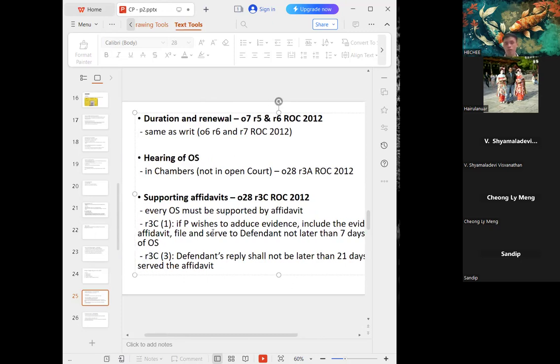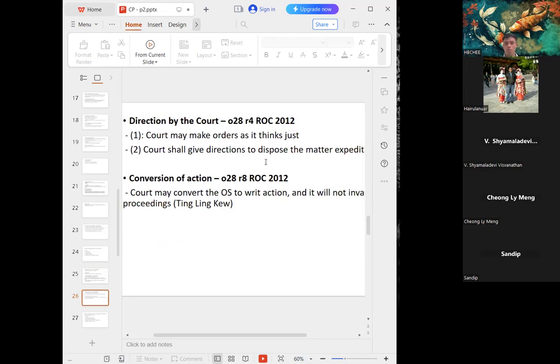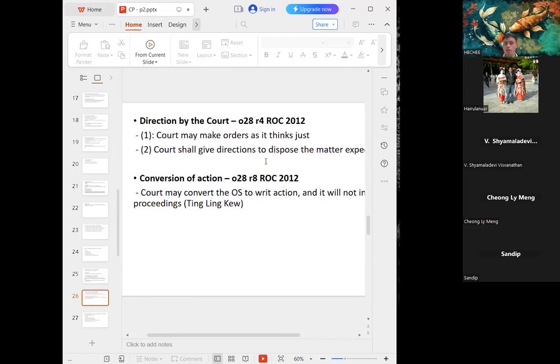Once you have served the defendant, the defendant's reply shall not be later than 21 days. This is the timeline. So the court will give directions, like making orders to dispose of the matter expeditiously.